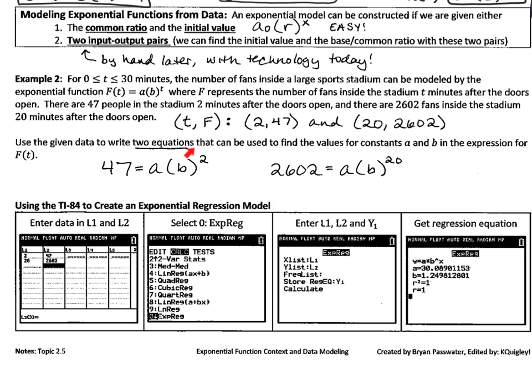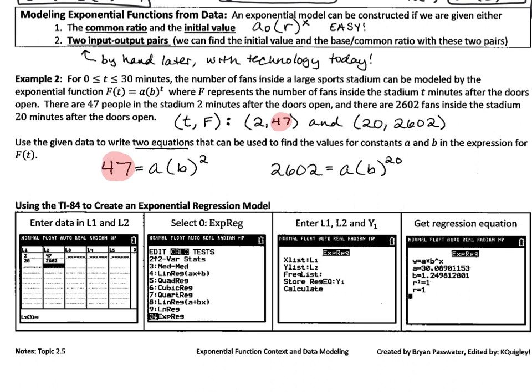Again, this question right here is setting us up to be able to do this by hand later. We don't have the skills yet to do it by hand, but there will be an FRQ question on a test that makes you do this by hand. It says, write 2 equations that can be used to find the values for constants a and b in the expression f of t. What did I do here in the problem I already wrote down for you? Where did those numbers come from that I put there? Yeah, I have an output of 47, so I put that where outputs go.